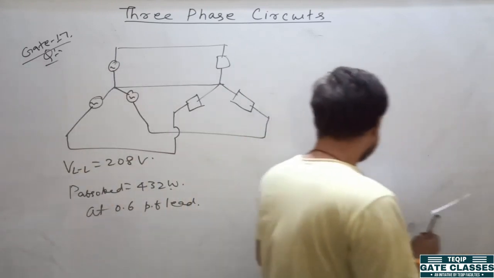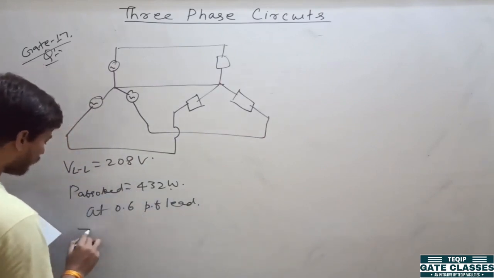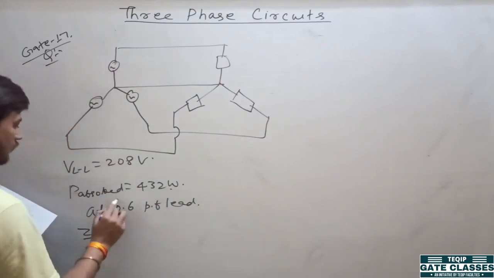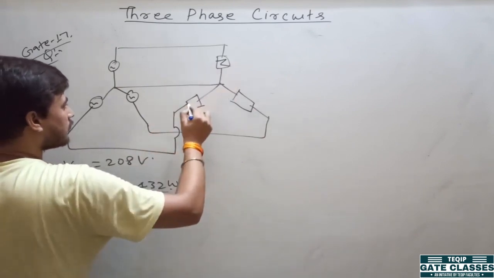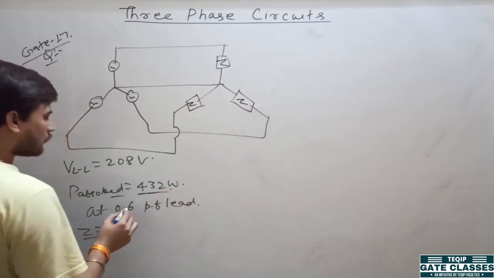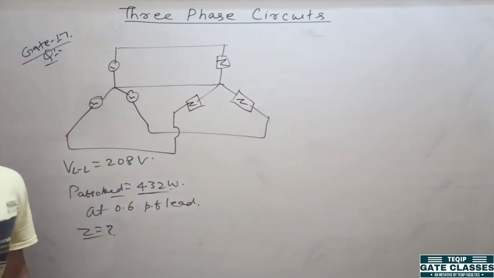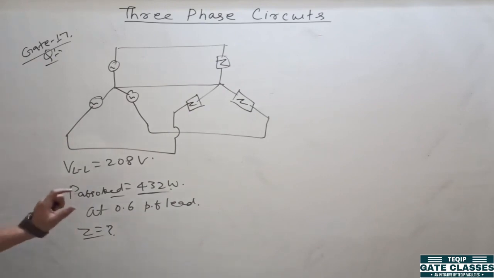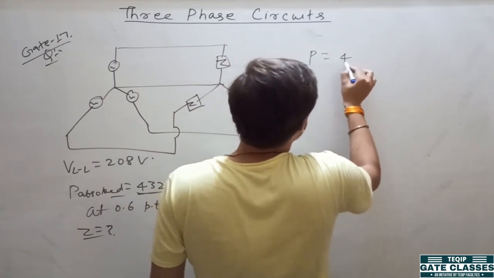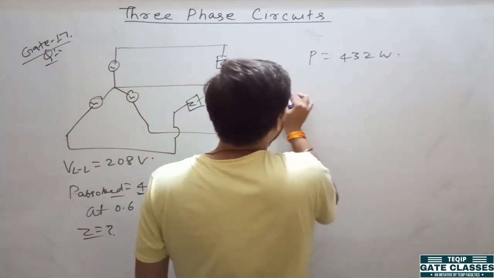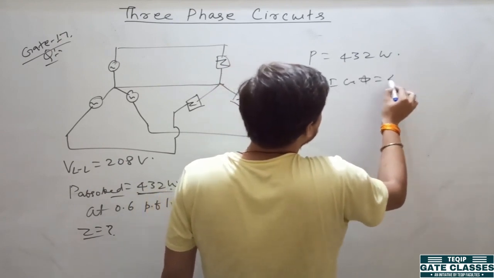So now what you have to do is find the value of Z. If the absorbed power across the load is 432 watt at 0.6 power factor lead, then what will be the value of Z? Total P absorbed is equal to 432 watt. So root 3 VI cos phi is equal to 432.